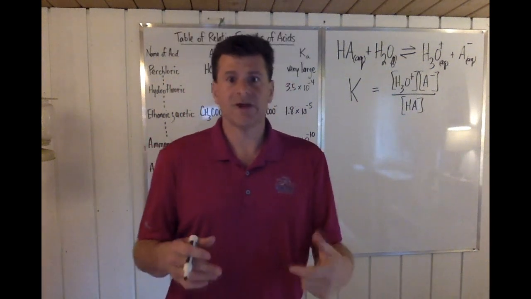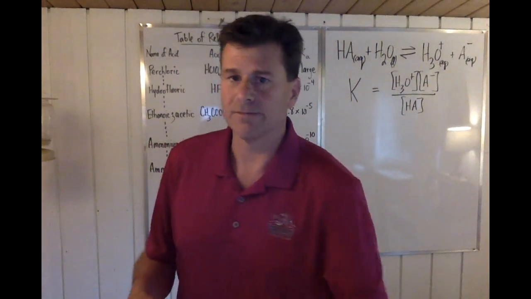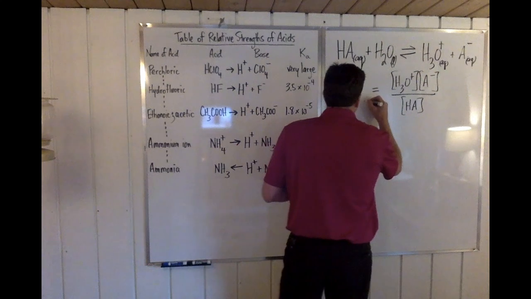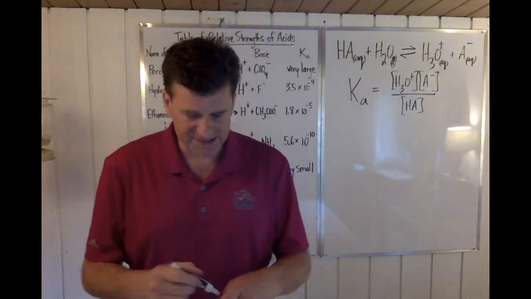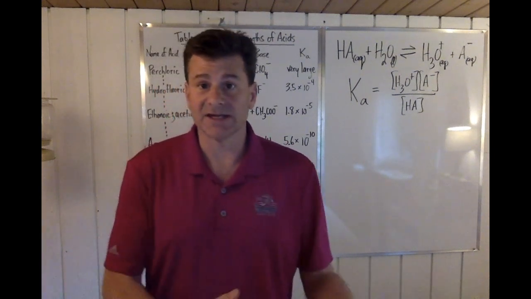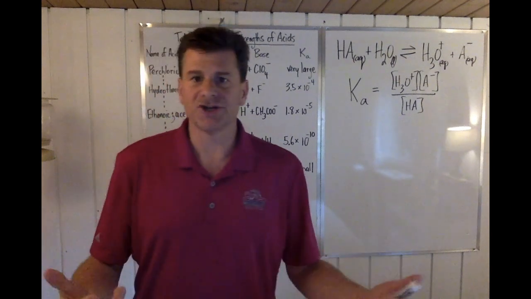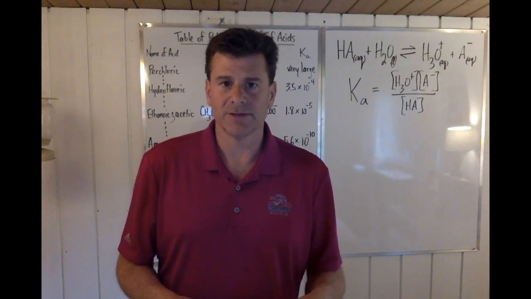This is a very specific equilibrium, and it's a commonly used one. So this is of an acid, and so it's called the Ka. Weak acids have a Ka, and you might say, okay, this acid's Ka expression is, and that would be the generic form of a weak acid equilibrium expression.